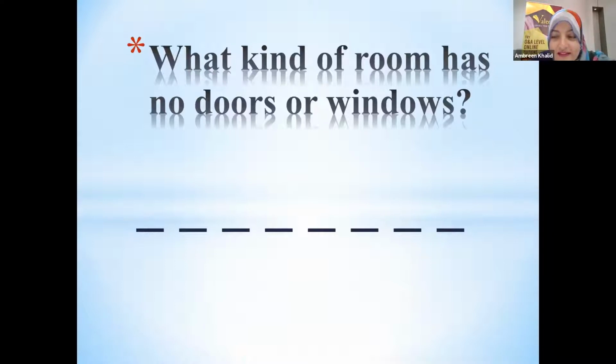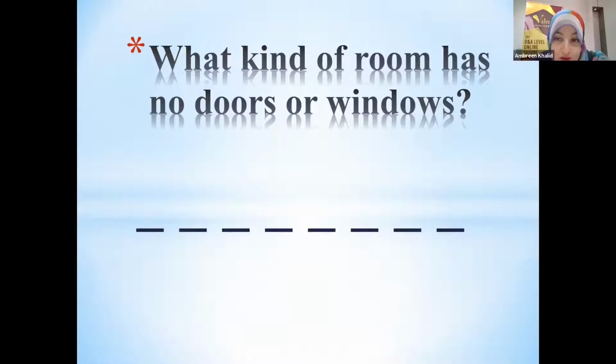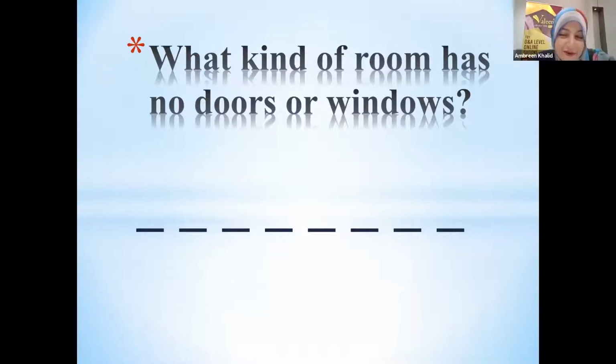I can't think of the answer. Every room has a door. Come on, Ashraf. Every room has a door. Yes, you are right. But there is a room. Abdullah, where are you? Oh, I guess it's a mushroom. Mushroom. Very good.